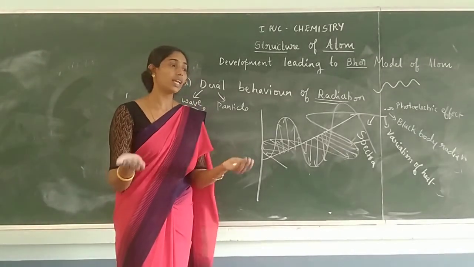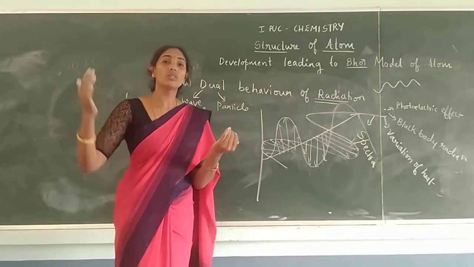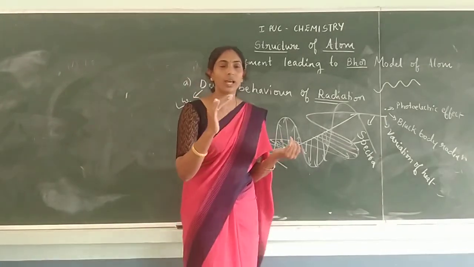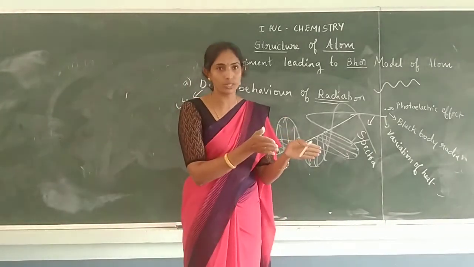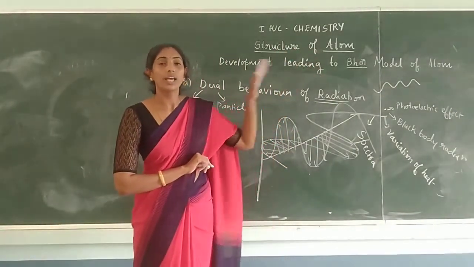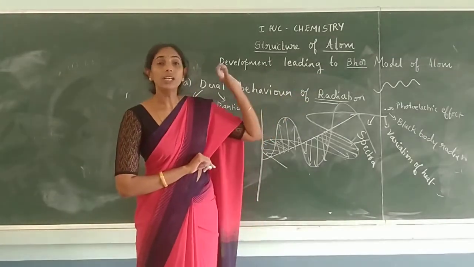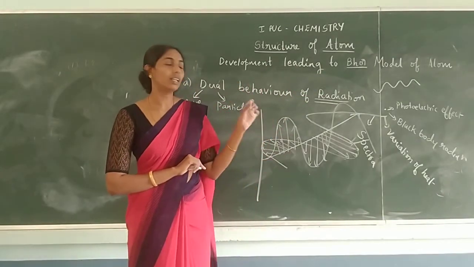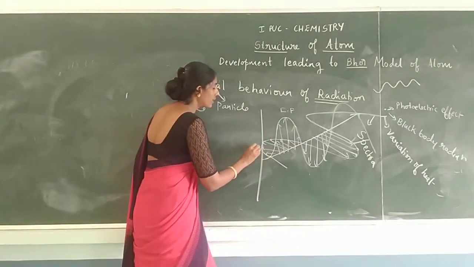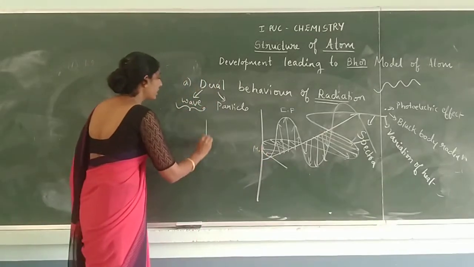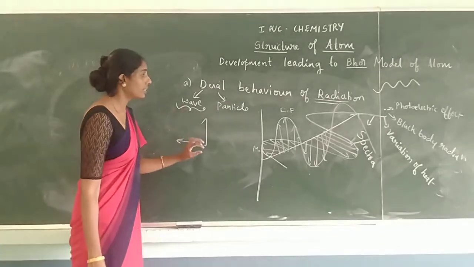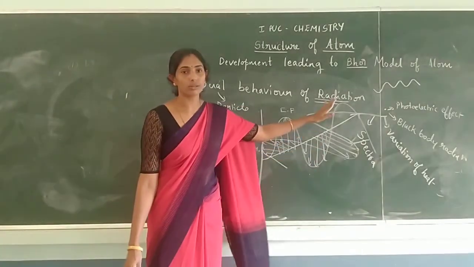When light or sound moves through space, it usually produces waves. Why does a wave get produced? In the direction of propagation, it produces the alternating electric field and the alternating magnetic field. The magnetic field is produced perpendicular to the electric field, and because of this, radiations have the wave nature.